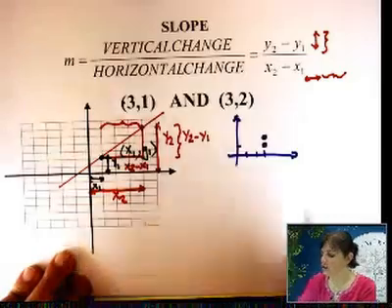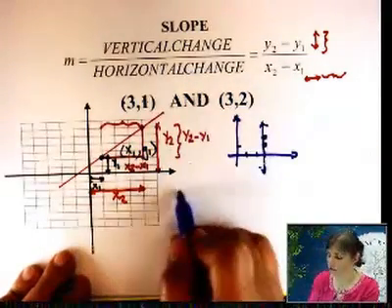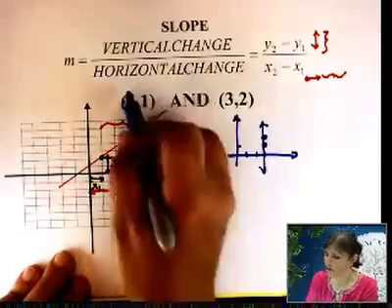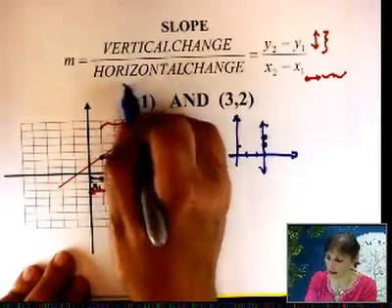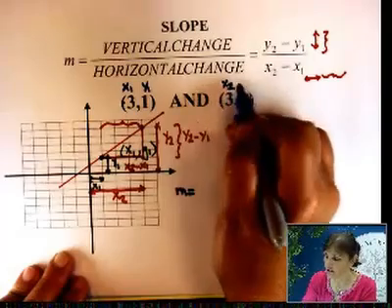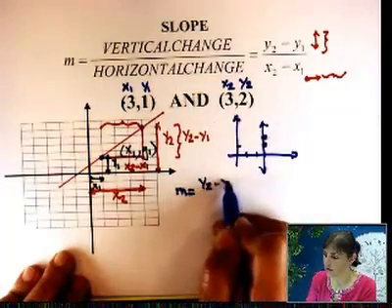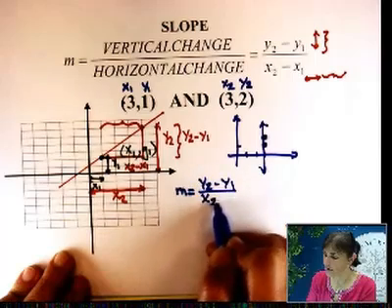Okay, so let's look at the slope of that line. Always go and label these, that will help. X1, Y1, it doesn't matter which one is X1, which one is X2. And let's write down the formula, Y2 minus Y1 over X2 minus X1.